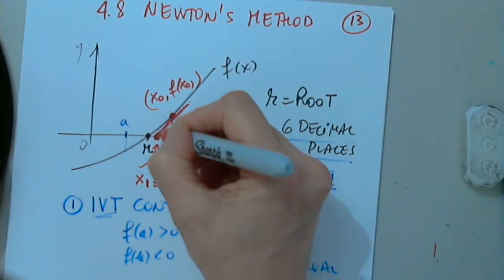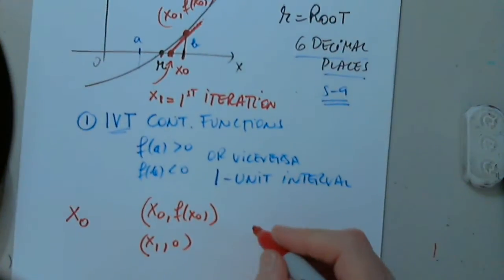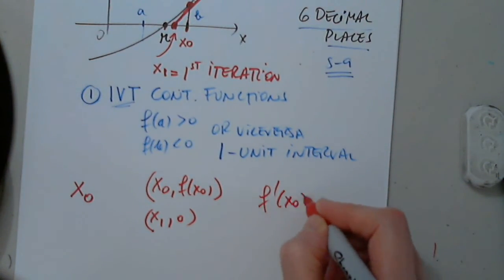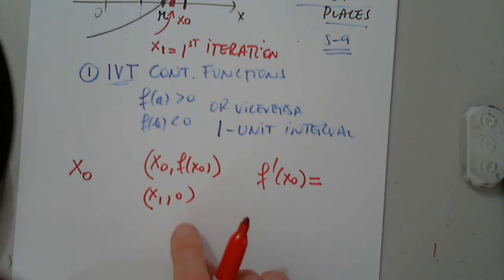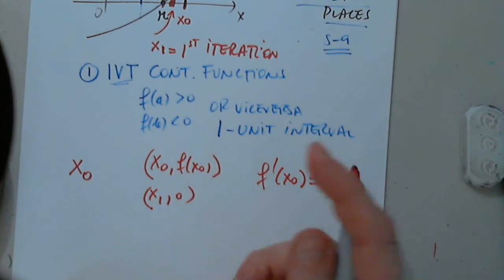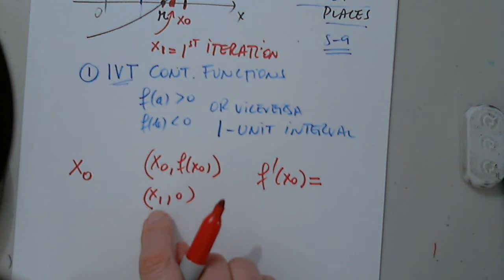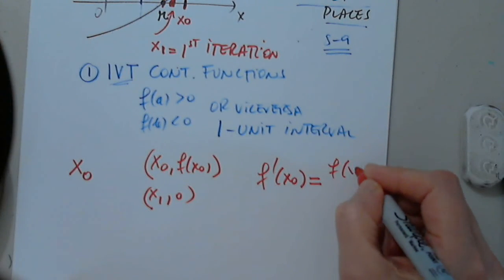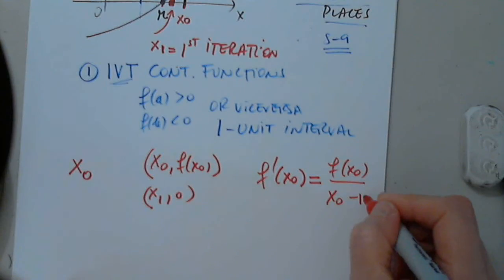And I also have the slope of the tangent line, which is f prime of x0. But this is the same thing with 0 minus f of x0, or vice versa, it doesn't matter. F of x0 minus 0 over x0 minus x1.